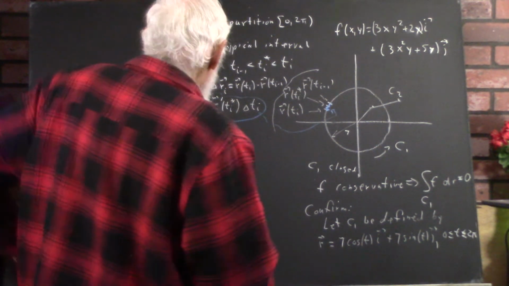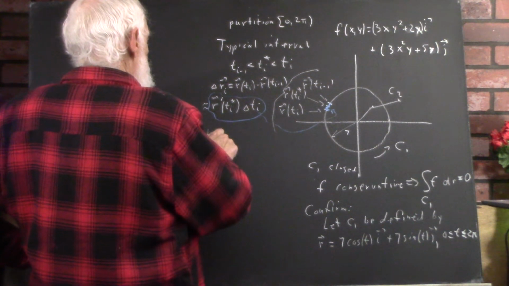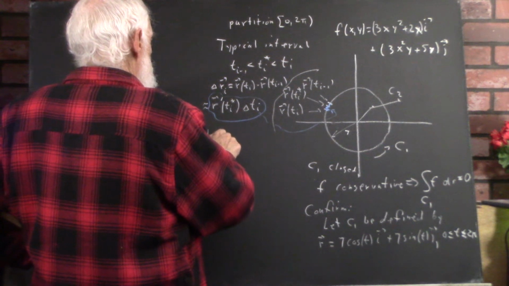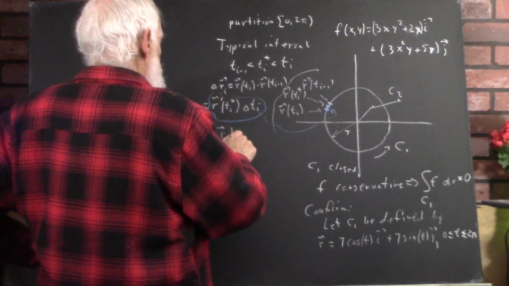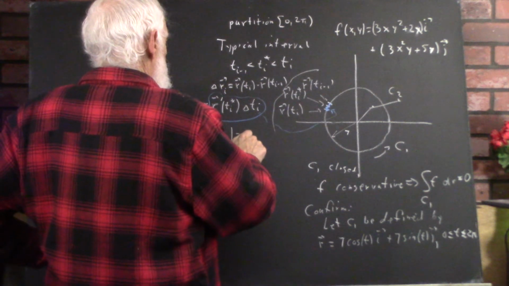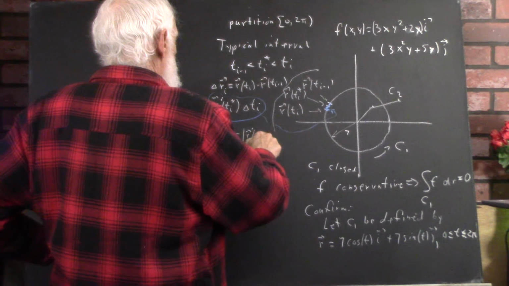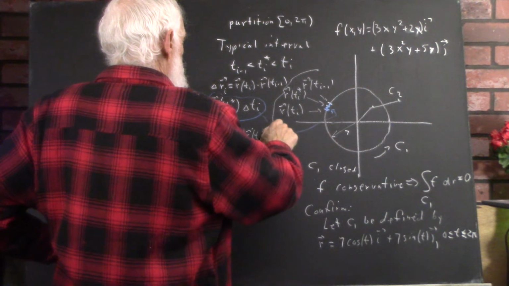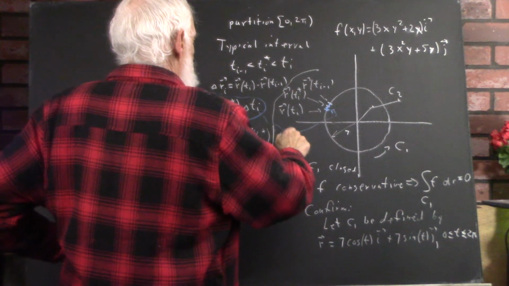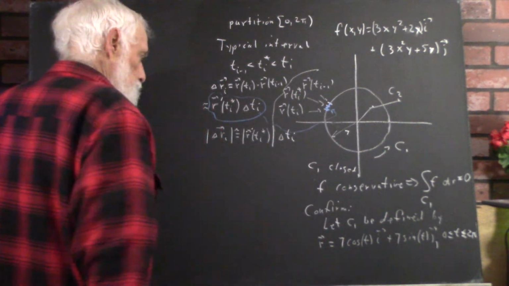So the magnitude of delta r sub i is approximately equal to the magnitude of r prime of t sub i star times delta t sub i.